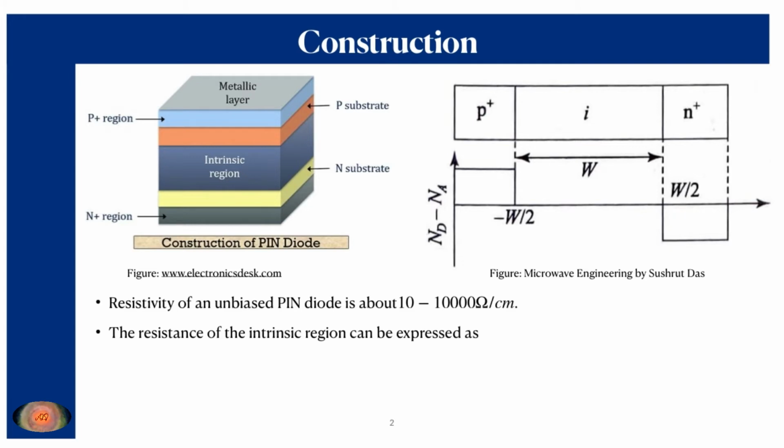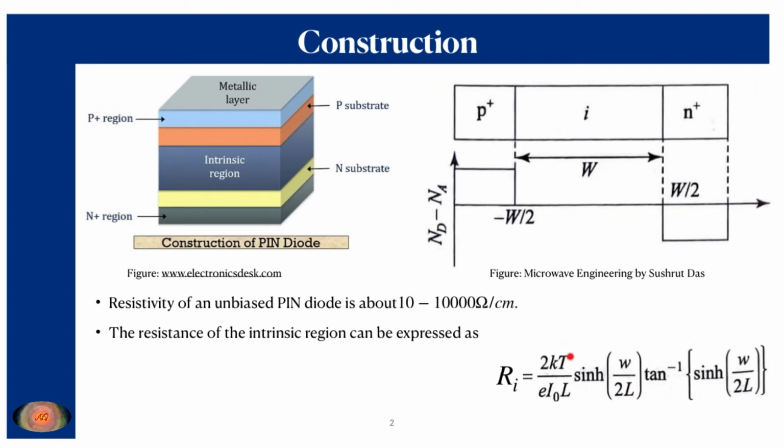The major advantage of this PIN diode is that the resistivity is within the range of 10 to 10 kilo ohm per centimeter, and the most important part of the pin diode is that its resistance, which is associated with this intrinsic region, is variable with the bias current. This resistance of the intrinsic region can be expressed as this one.